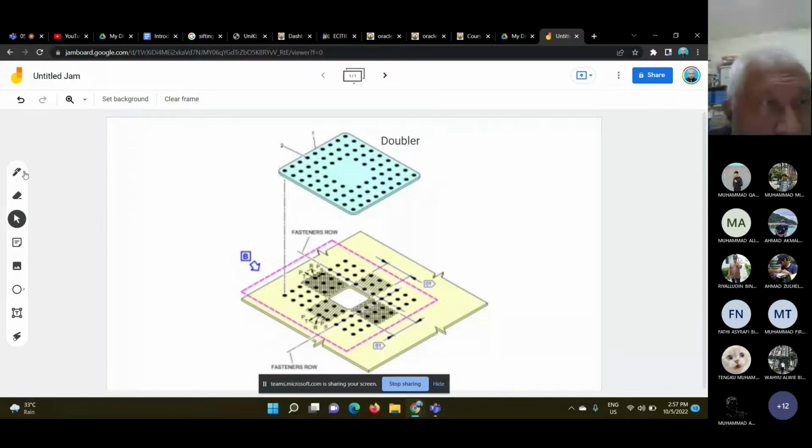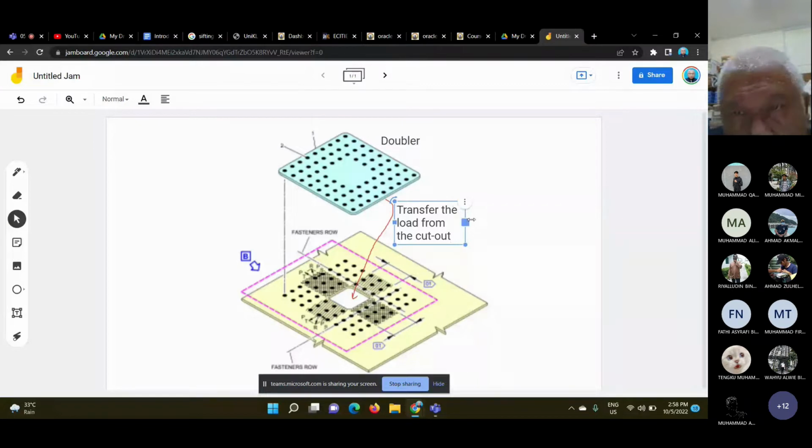Okay, so this doubler is used to transfer the load from the cutout.